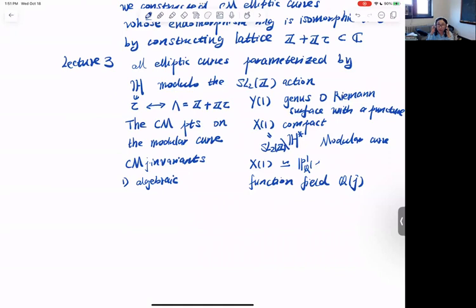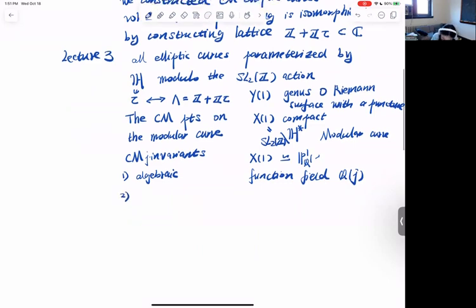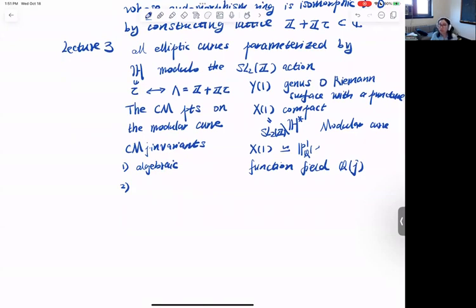The algebraicity follows from the fact that in lecture 2, we discussed that the set of all CM curves with the fixed order O has finitely many of them up to isomorphism. So they're algebraic, and also for every Galois conjugate, if I apply an automorphism of C on my elliptic curve, then it will not change its endomorphism ring.